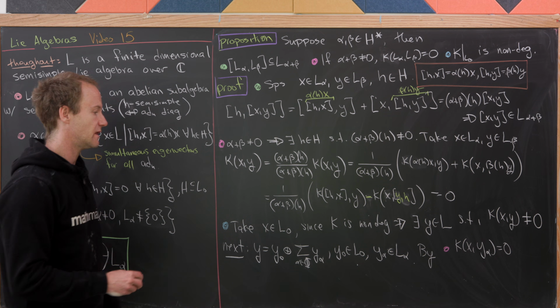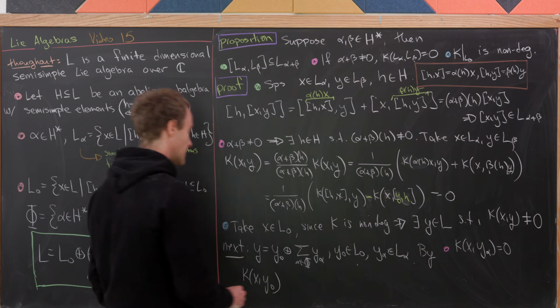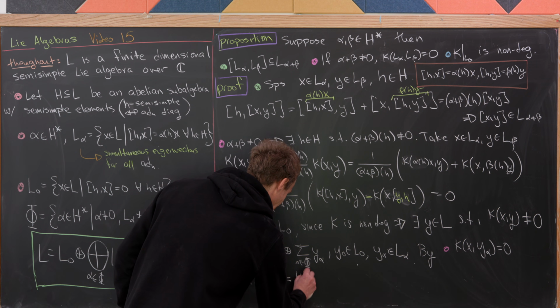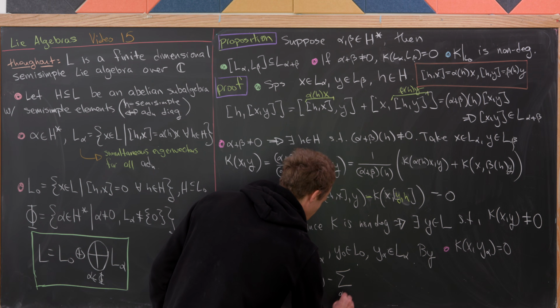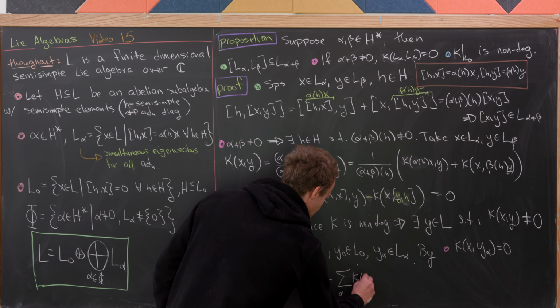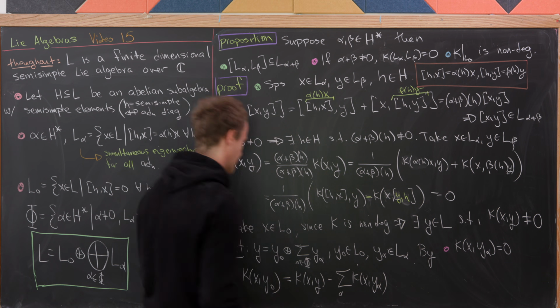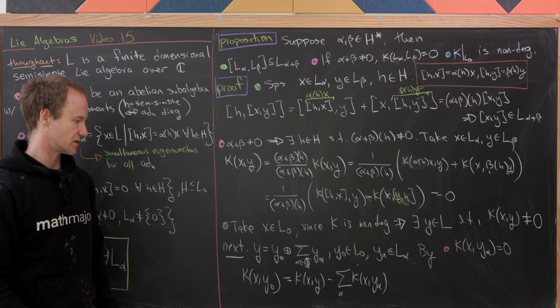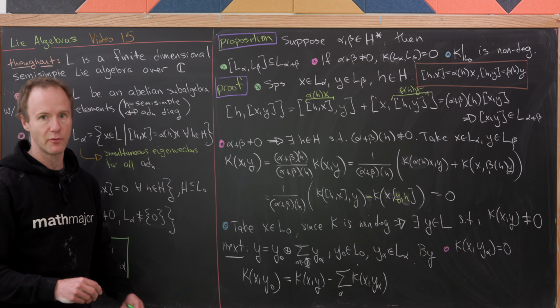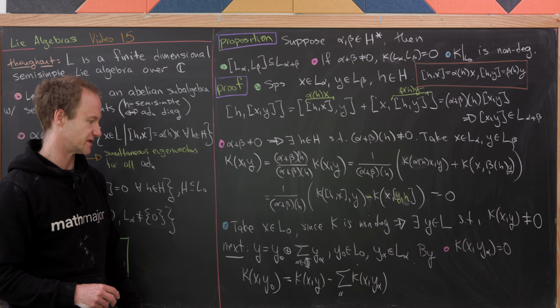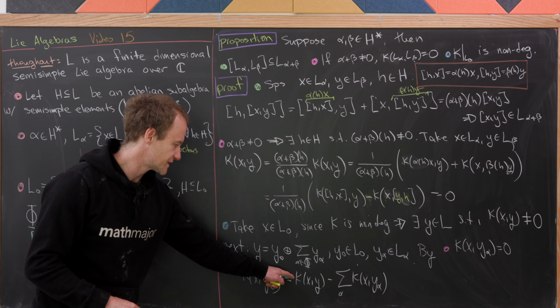Okay, and then we can finish it off kind of. Let's observe that that's going to be equal to kappa of x with y minus the sum over all alpha of kappa of x with y alpha, just by inverting this equation. But this part is all 0, this sum over all of the alpha. All of those terms are 0. But this one is non-zero.